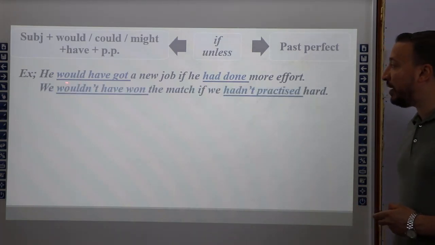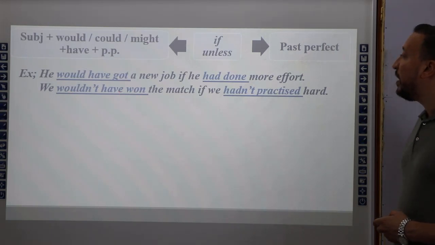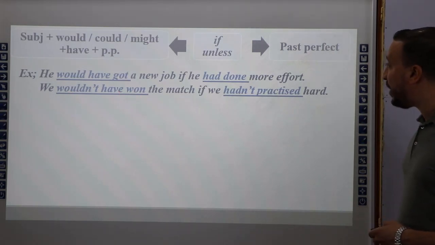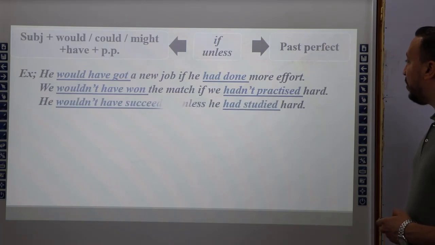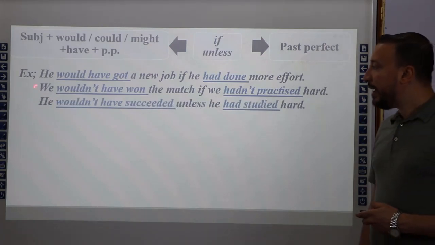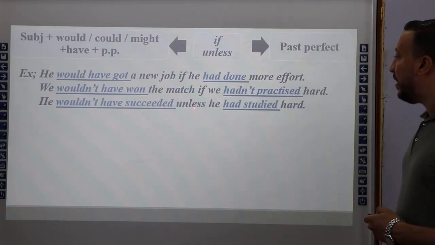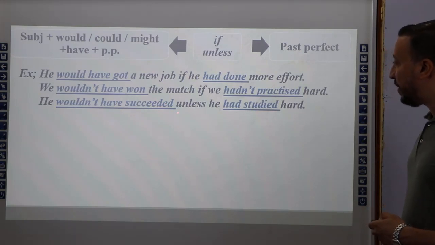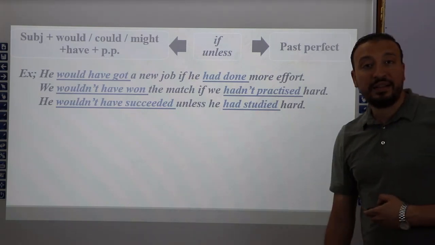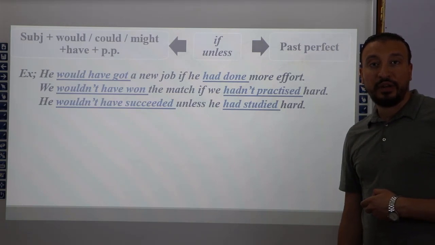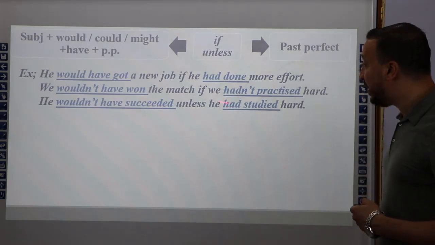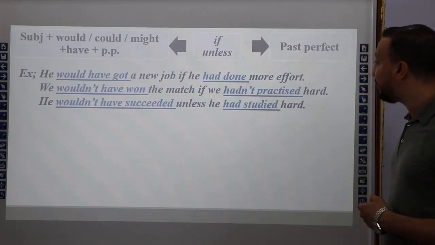He wouldn't have won the match if we hadn't practiced hard. He wouldn't have succeeded unless he had studied hard. Note that after unless comes had in the positive; a negative never comes after unless, because unless doesn't take the negative.